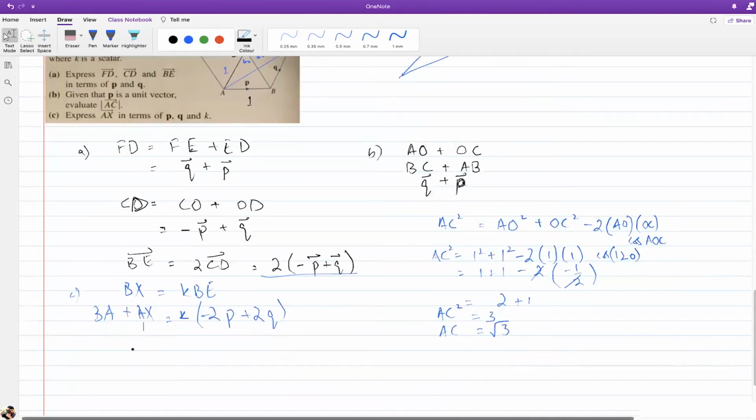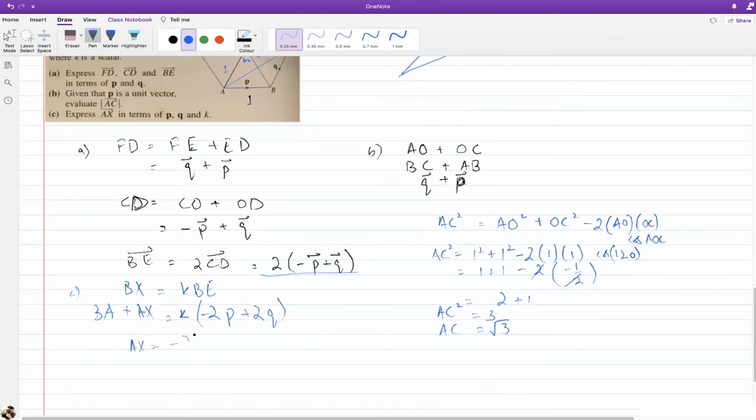So I'll just put that in there. So AX is going to be minus 2kP plus 2kQ minus BA. So what is BA? It's minus AB, right? So AX is going to be minus 2kP plus 2kQ minus BA, which is plus P. So I can just simplify this now.